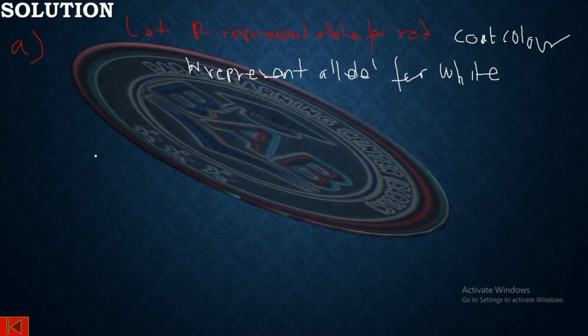The question requires the genotype of the F1 offspring. The genotype would be RW, and the offspring are 4. That is the answer.